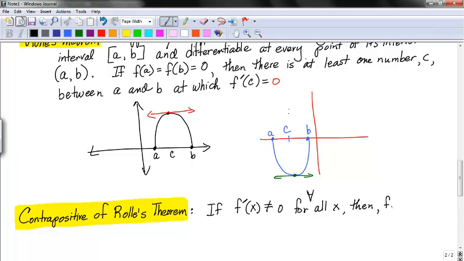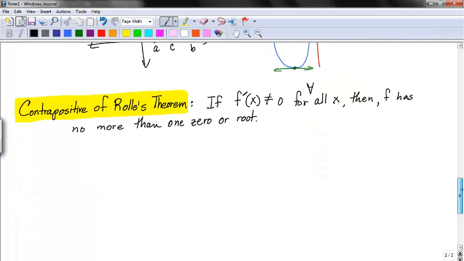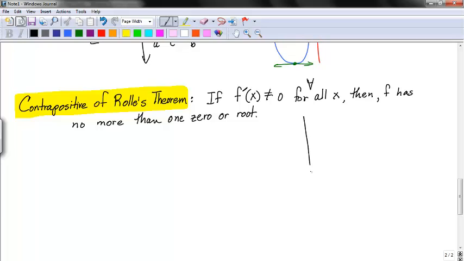Then f has no more than 1 zero, or root. That means your graph, picture-wise, is only going to intersect the x-axis in one point.